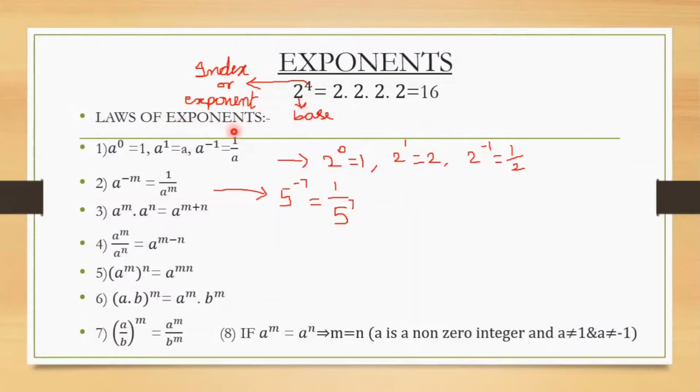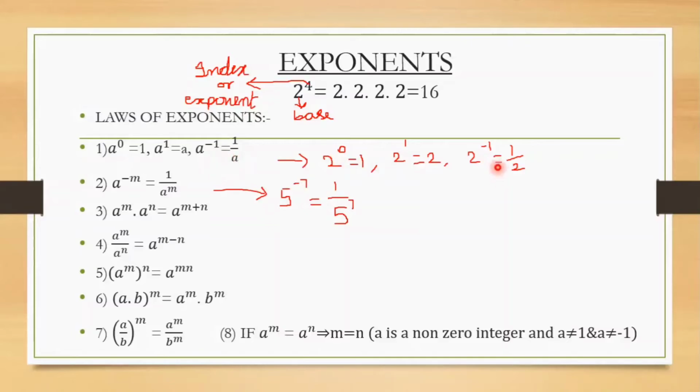Next, coming to the laws of exponents, the first one: a to the power of 0 equal to 1. It means any non-zero number raised to the power of 0 is equal to 1. And a to the power of 1 equal to a, meaning any number raised to the power of 1 equals the number itself. And a to the power of minus 1 equal to 1 by a. It means any number raised to the power of minus 1 gives a reciprocal.